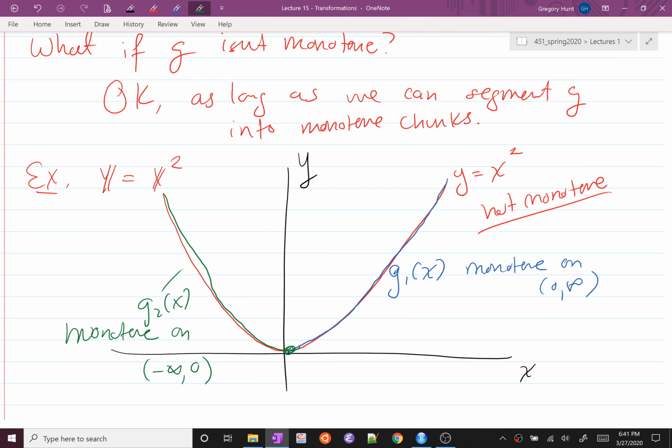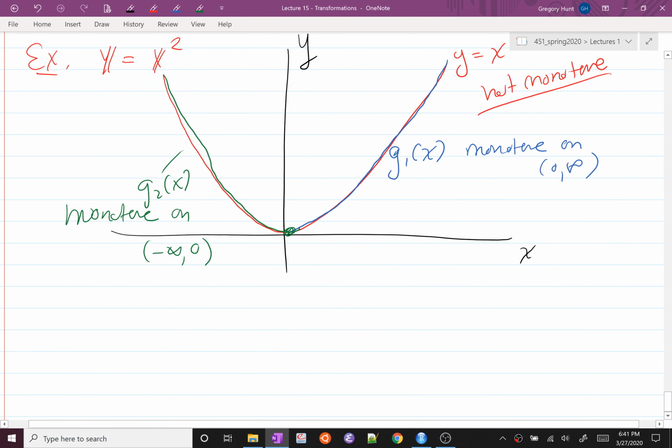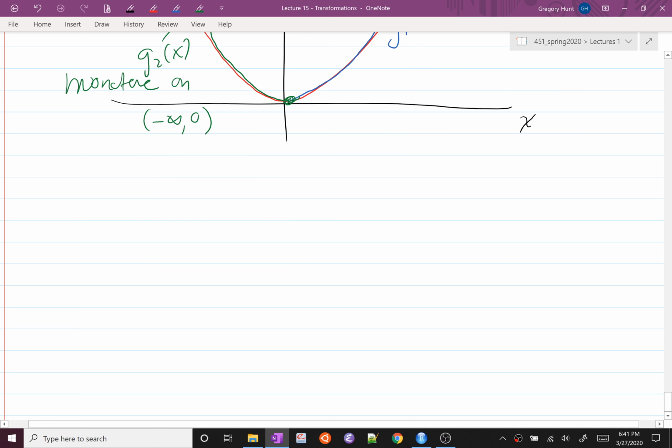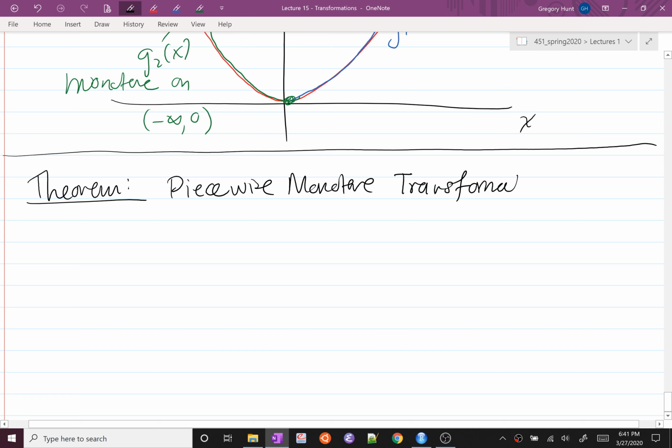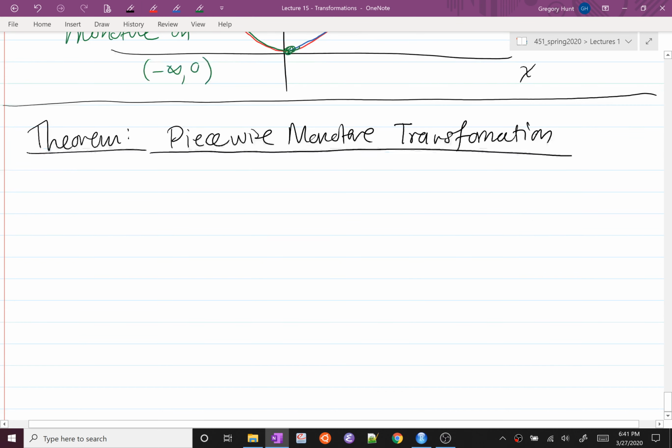So this theorem is a bit to write down, but let's write it down, and then we'll look at a real nice example of when this is useful. So let's write down the theorem. Let's call this the piecewise monotone transformation.